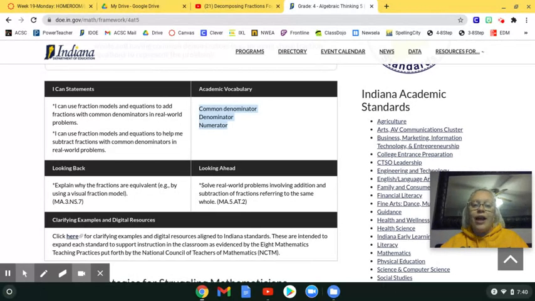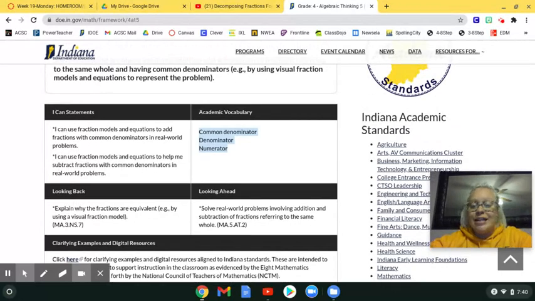So if two fractions have a common denominator, it means the number on the bottom of the fraction is the same. So if I had one fraction that was 3/12 and then my other fraction was 6/12, those fractions have common denominators because the number on the bottom is 12 in both fractions.